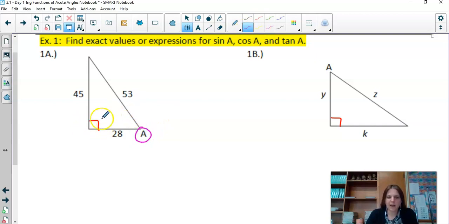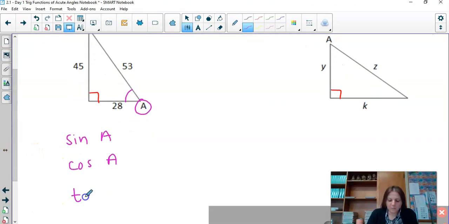You'll also notice that I added in these little marks. These are right triangles, so you can go ahead and mark the 90-degree angles. Okay, so this is angle A right here, and we're looking for the sine of A, the cosine of A, and the tangent of A by the directions.